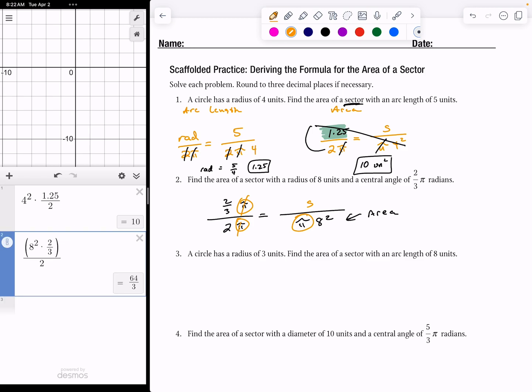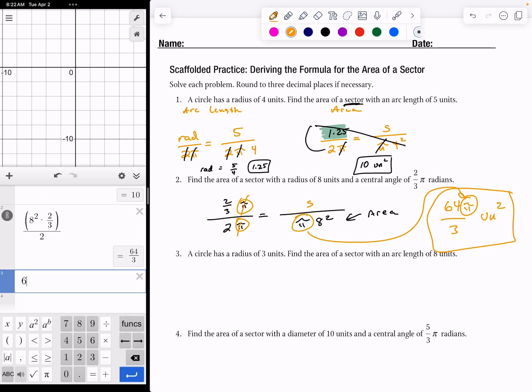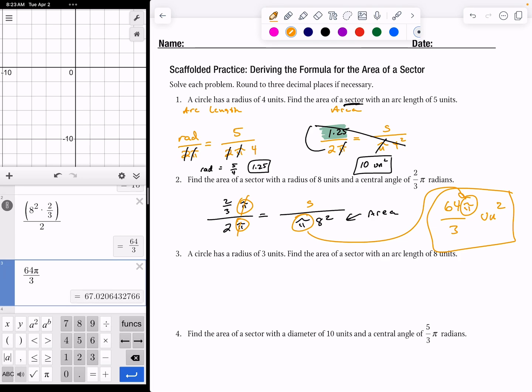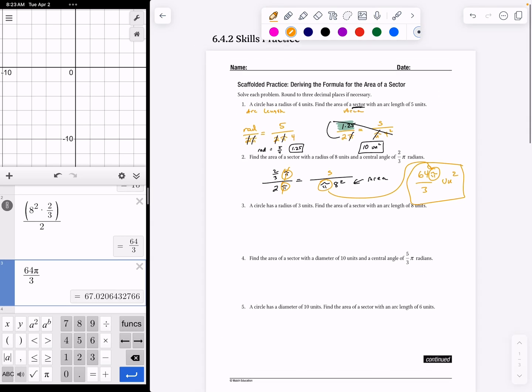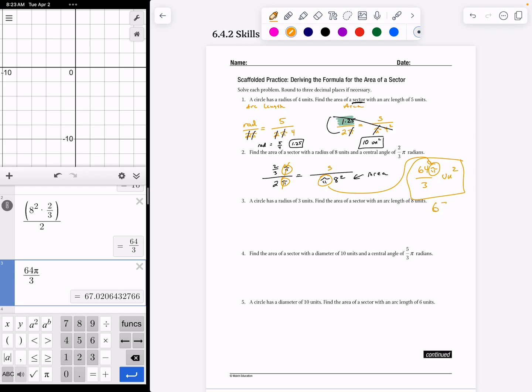So 64 pi, because that's this pi right here, over 3 units squared. If you want a decimal, it just depends on what the question asks: 64 pi divided by 3 is 67.0 units squared.